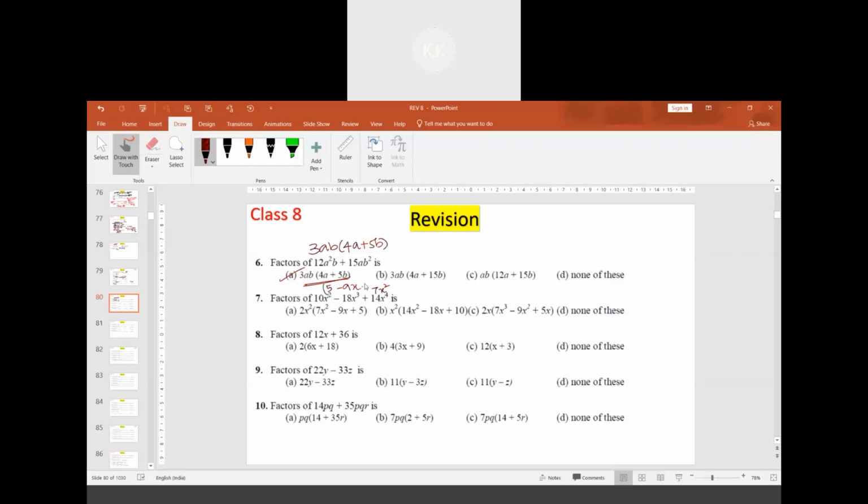This thing is present in option A. Option A is correct. If 2x square is taken out, these things will remain. You can see 5 is there, minus 9x is there, plus 7x square is there. So option A is correct.